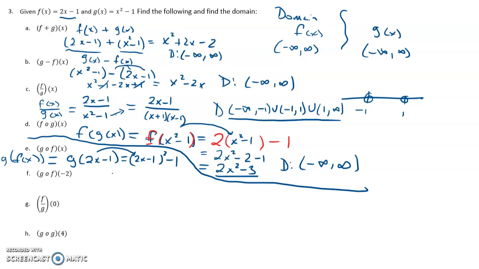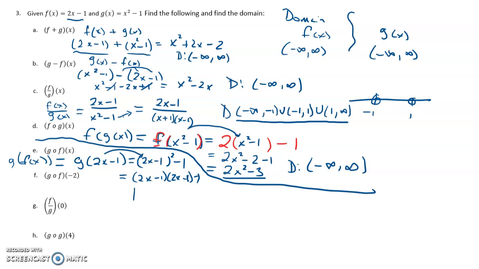Now, 2x minus 1 squared, I'm going to need to FOIL this out. 2x minus 1 times 2x minus 1. And then I'm going to have a minus 1 outside. Okay, we're going to open these up, so it's going to be 2x times 2x is 4x squared. 2x times negative 1 is minus 2x. Negative 1 times 2x is minus 2x. Negative 1 times negative 1 is positive 1, and don't forget we have a minus 1 here.